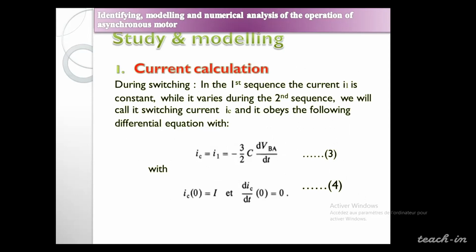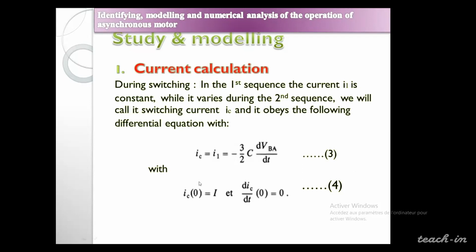The first part is current calculation during switching. In the first sequence, the current I1 is constant, while it varies during the second sequence. We will call it the switching current IC, and it obeys the following differential equations, Formula 3 and Formula 4.